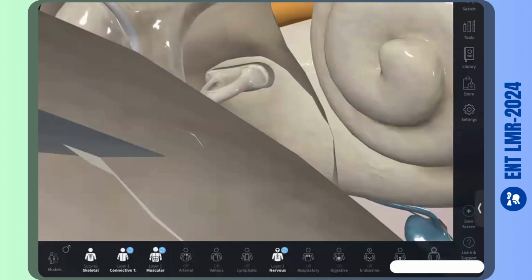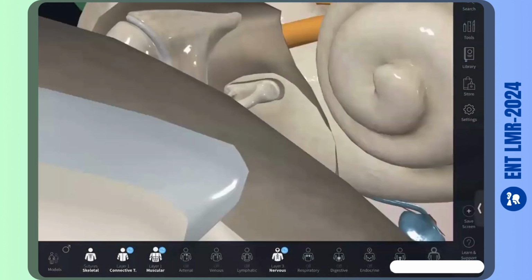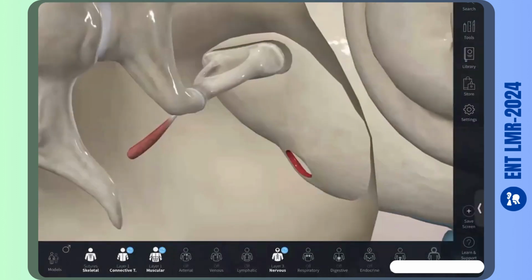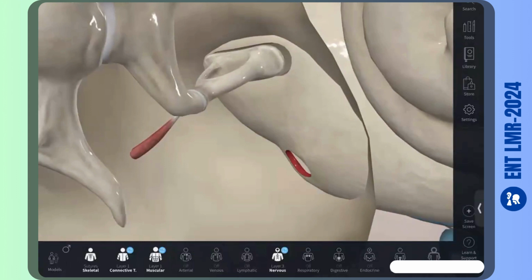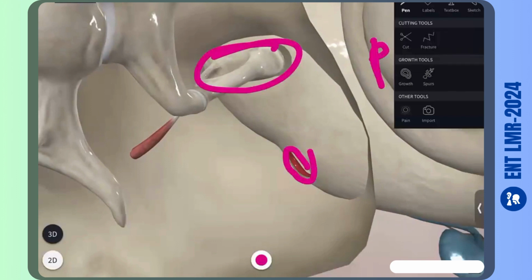So look in this picture. This is the medial wall of the middle ear. Can you see? So it's very easy to understand. See here, this is the promontory. This is the oval window. This is the round window. So from here you will see the ponticulus. Here you will see the subiculum.